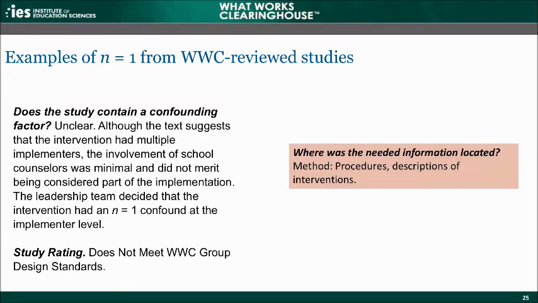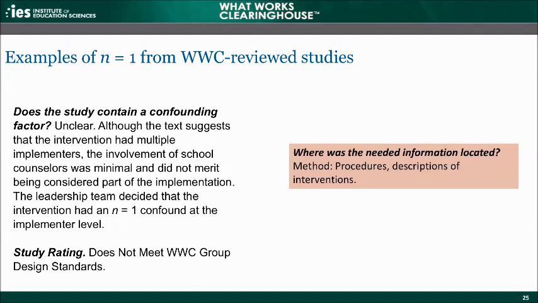As with the previous example, it's not clear right away if the study contains a confound. Although the text suggests that the intervention had multiple implementers, one researcher and multiple school counselors, the involvement of school counselors appears minimal.